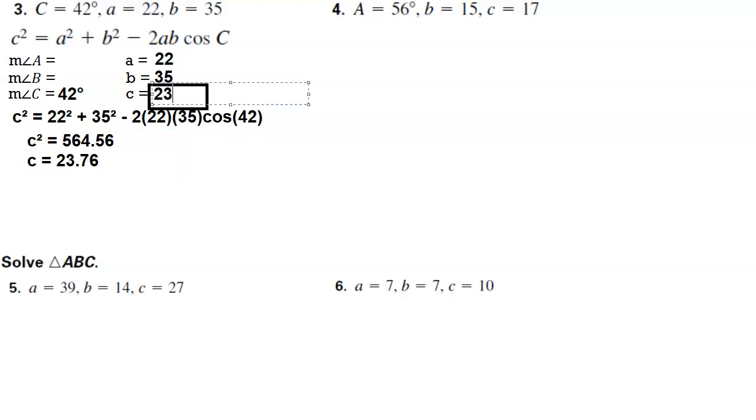All right, so once we have that, we're going to go to the smallest side, and we are going to do the law of sines with it. So we're going to say sine of 42 over 23.76 equals, and the next smallest side was A, so we're going to do sine of A over 22.